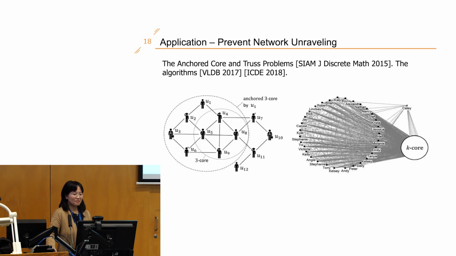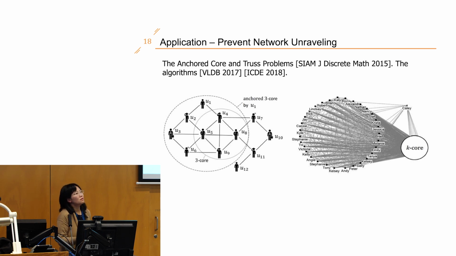And this is the example I just introduced. Studying the k-core is important because it reflects some very intrinsic values in social networks. This core model has been studied since it was proposed in 1966, mostly by sociologists.